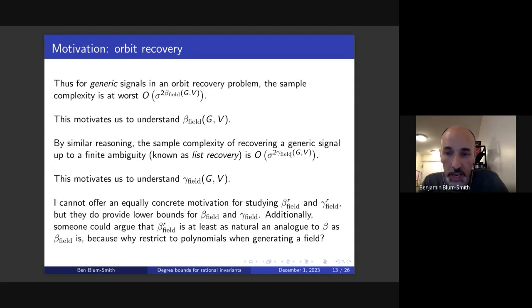So for the rational versions of these two things, I don't have a quite similarly concrete motivation for them, but they do provide lower bounds on the ones that I have motivated. And somebody might feel like the rational ones are more natural anyway, because we're trying to generate a field, so why are we restricting ourselves to polynomial generators? To me, it's not a clear-cut case because, on the other hand, degree is a more natural concept for polynomials.